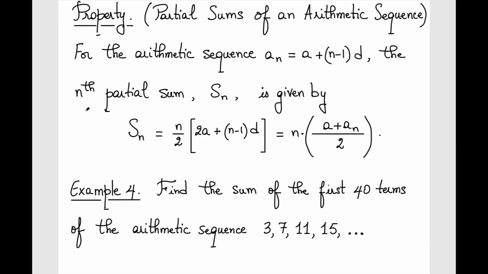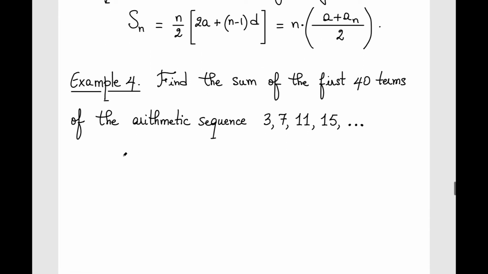That's the property we're talking about. For the arithmetic sequence an, which is given by this general recipe for the nth term, the nth partial sum, labeled Sn, is given by any of these two formulas. This is a property we found above, and we rewrote it as such.